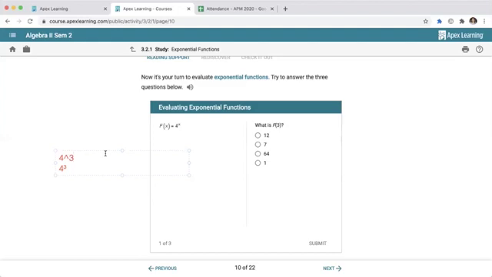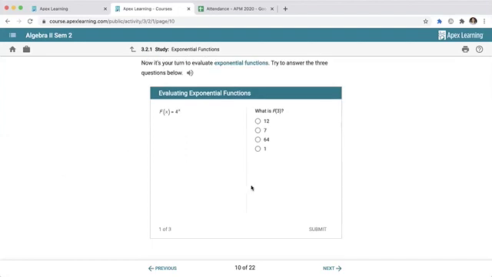My calculator is a TI-84, so I have this little caret button, and for me it's found underneath my clear. So 4 caret 3 gives us 64. What that is, is 4 times 4 times 4, which gives me 64.